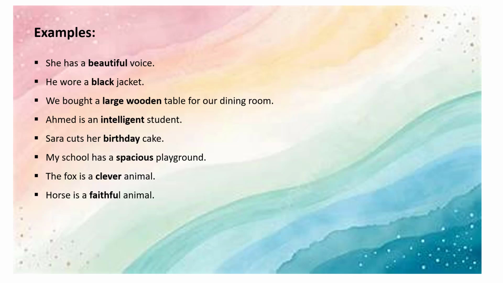The fox is a clever animal. Horse is a faithful animal. All the words that are in bold are adjectives, because these words tell us more about a noun or pronoun. They give us more information about the noun or pronoun.